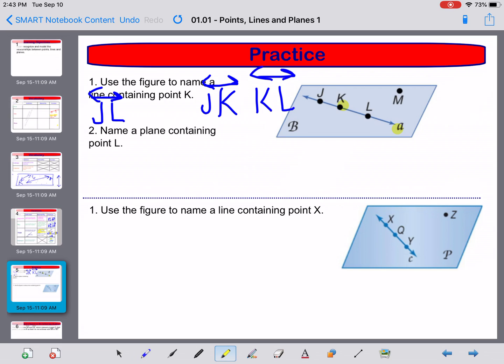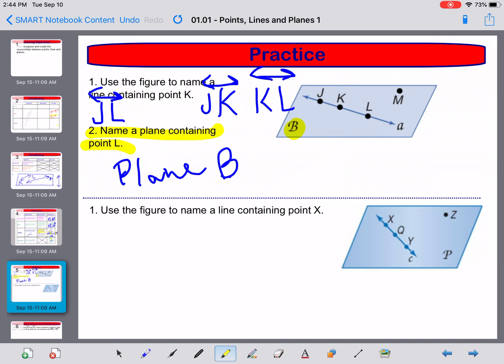So why don't you do this first one, we're going to get our Ed puzzle going here. Tell me, name a plane containing point L. So if I'm going to name it, remember I need to name it with 3 points, or I can also use my italicized letter here, so I could call this plane B, or any 3 points.